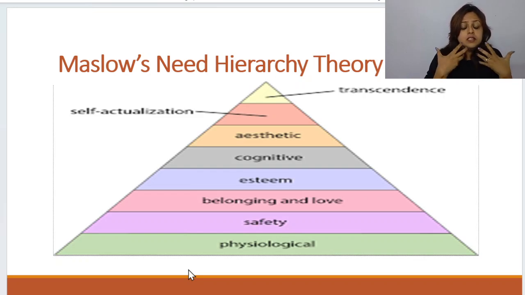So in aesthetic need, we try to address the need for beauty, the need for proper symmetry. Over here, we are trying to reflect the human desire for experiencing and appreciating art, beauty, nature, design, or anything which is around us.